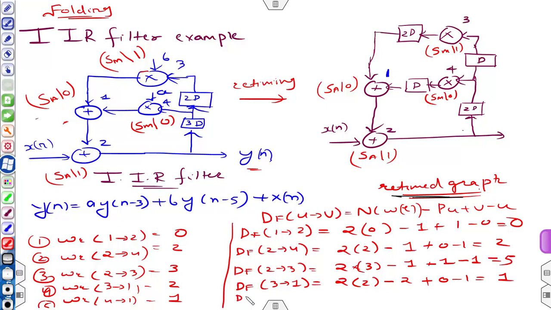And finally DF 4 to 1: 1 delay element is in between 2 into 1. 4 is a multiplier, so P U is 2 minus 2 plus V minus U is 0 minus 0. So this is 0. Okay, no negative value.